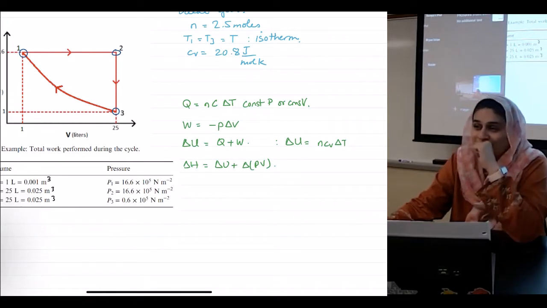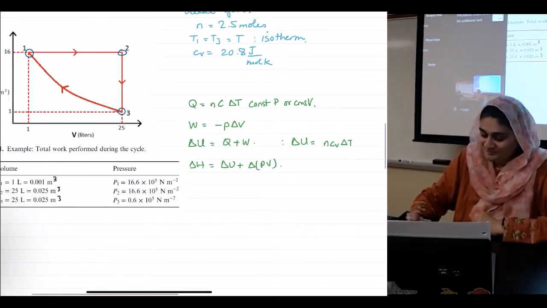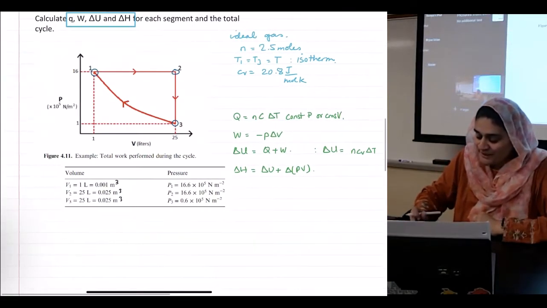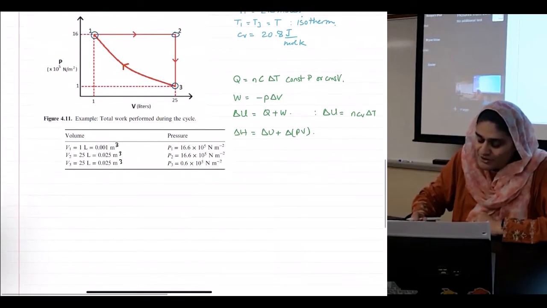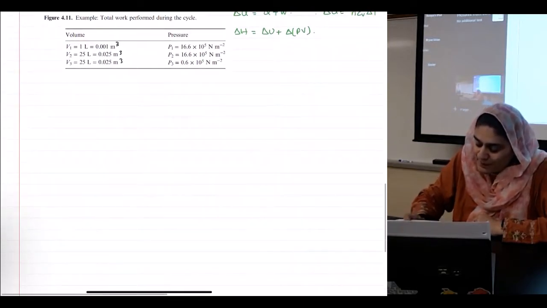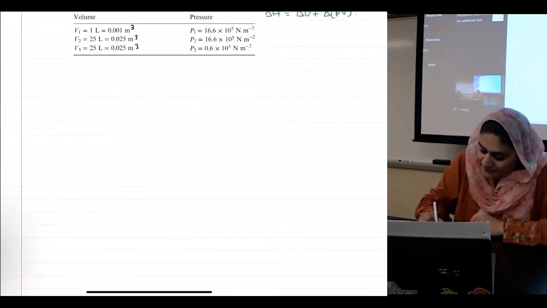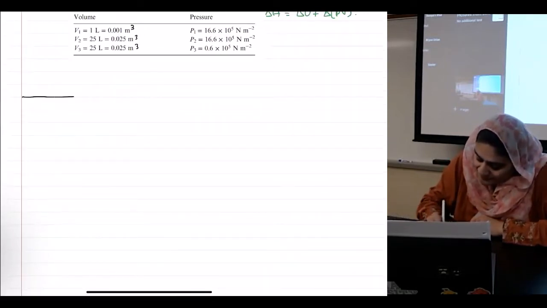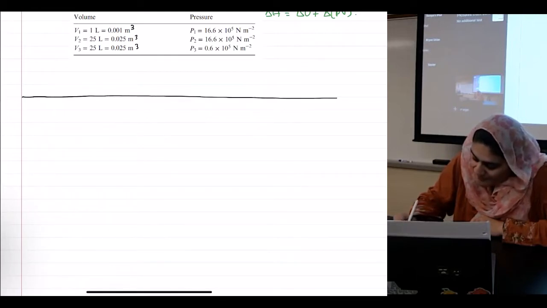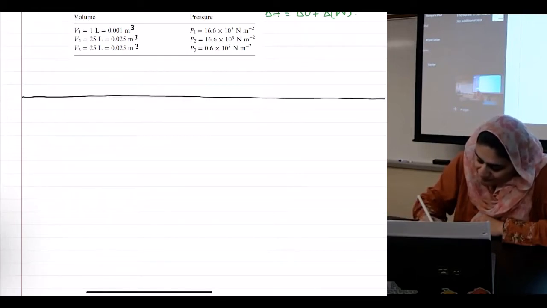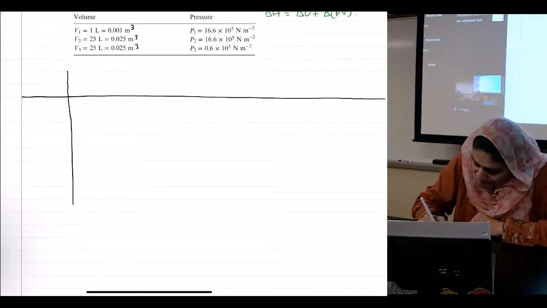Well, you need to make your own. Okay, so starting at the beginning, let's do step 1 to step 2 first. I want you to make a table. What am I looking for?